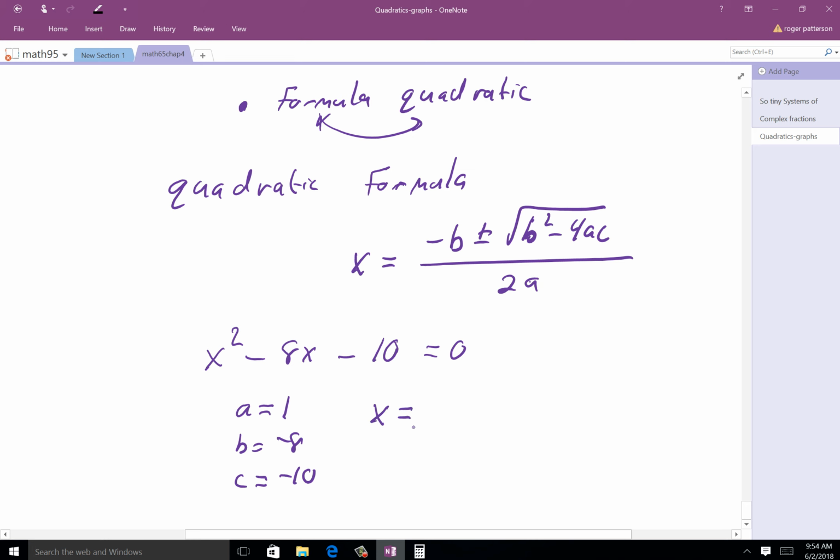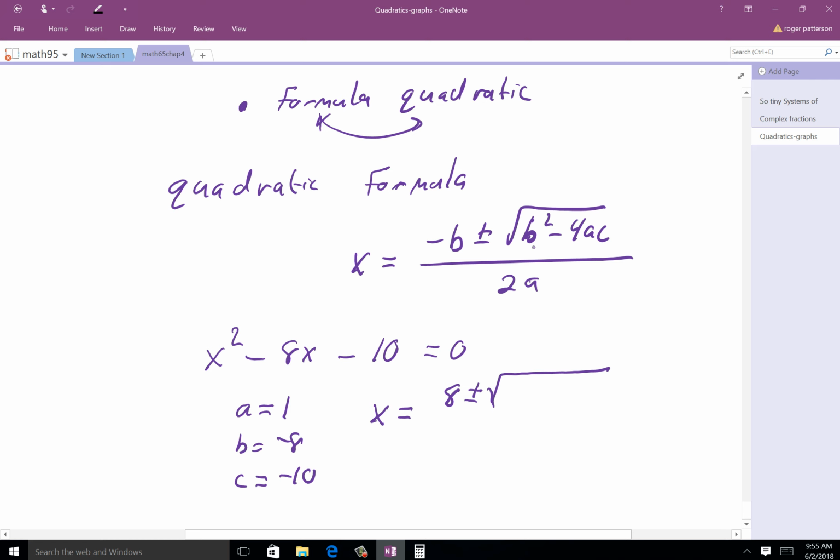Here we go. Negative b. When I do these, I like to just put 8 there, because that's the opposite of negative 8 anyway. Negative 8 is just positive 8, plus or minus square root. You can show as much work as you want. I'm going to go through this pretty slow right now, because I'm going to assume some people may have never seen this, although I think most of you have.